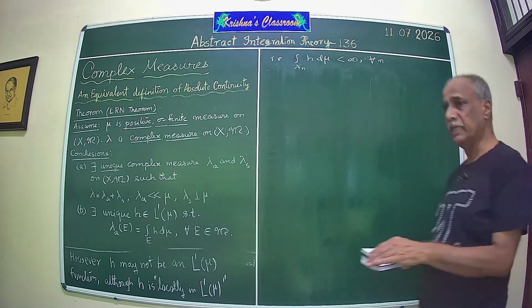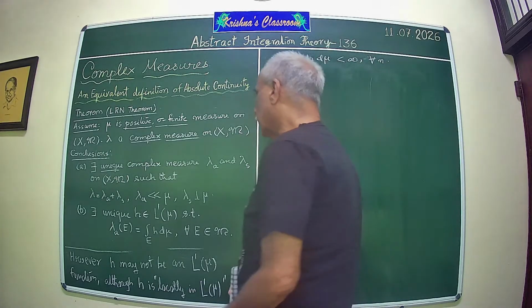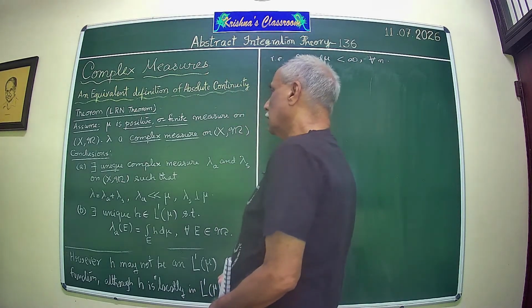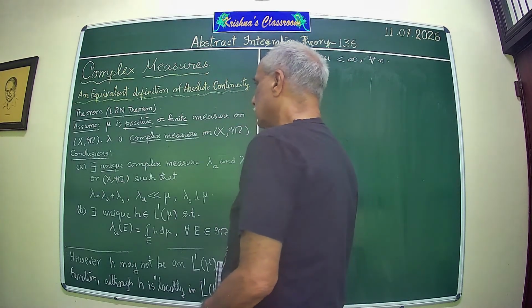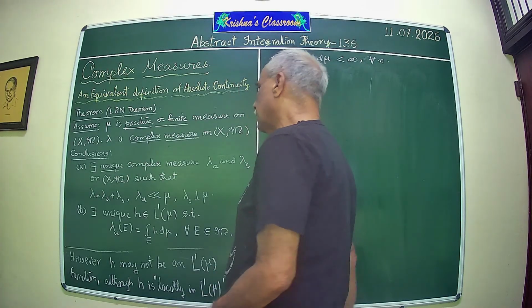Now this is the modification that we get if we use both lambda and mu as positive sigma finite measures.